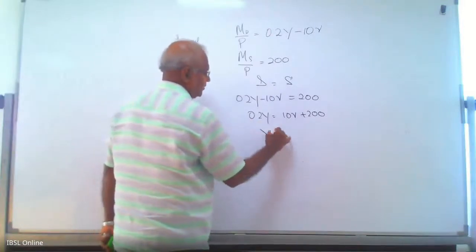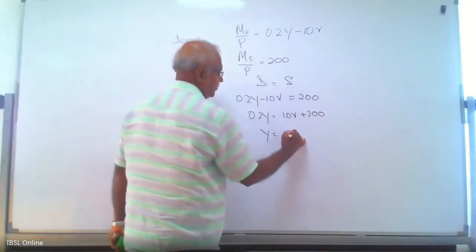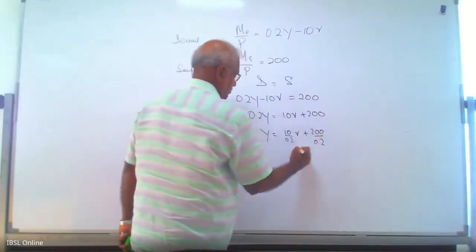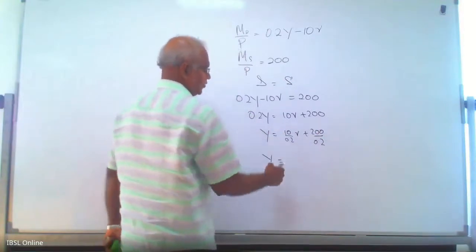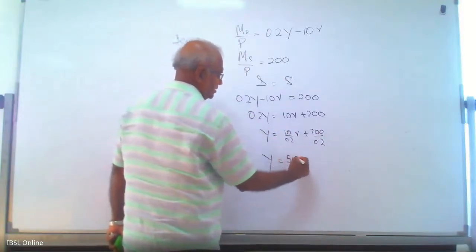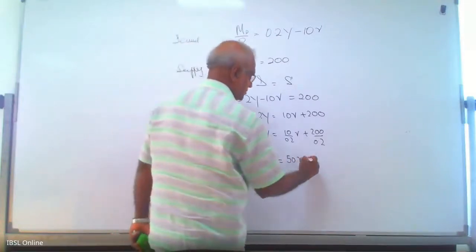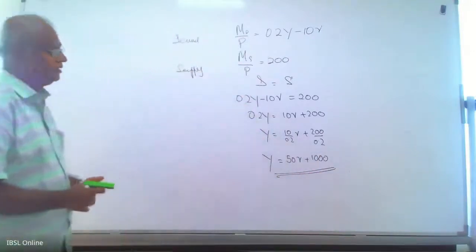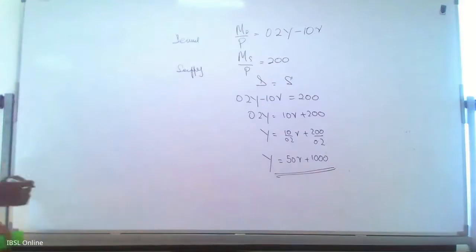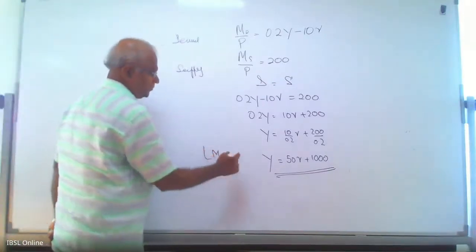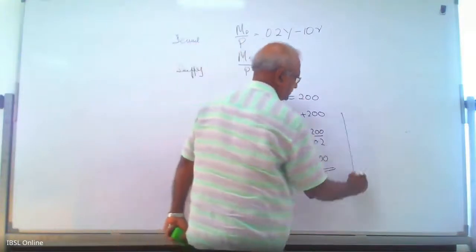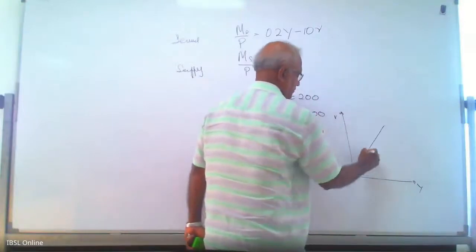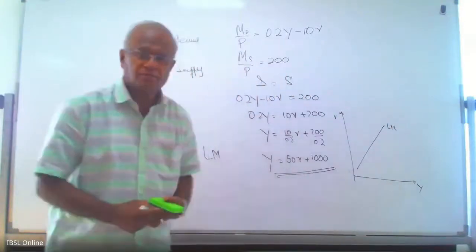Then you divide both sides by 0.2: 10 divided by 0.2 is 50, so Y equals 50R plus 1000. That is the LM curve, a positive relationship between R and Y. Take down that LM curve.